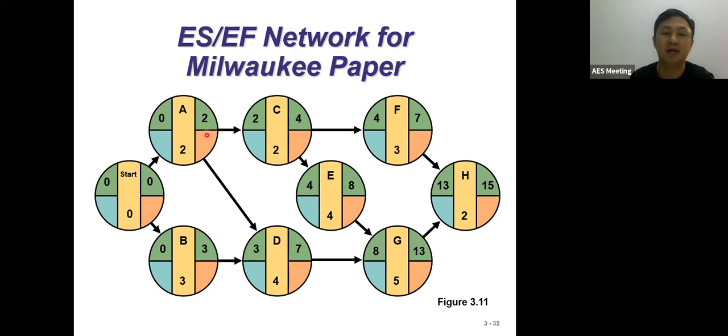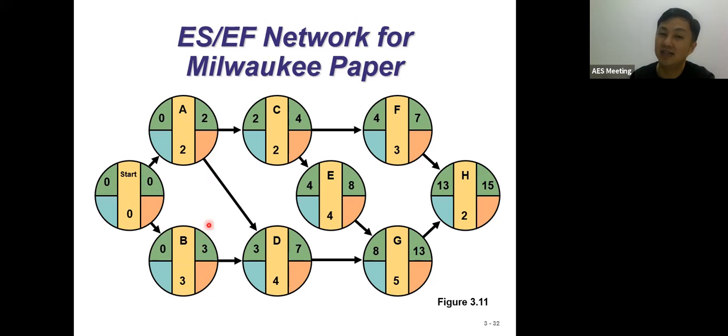So far so good. Now for activity B, our early start is 0, 0 plus 3, so our early finish is 3. So far so good.